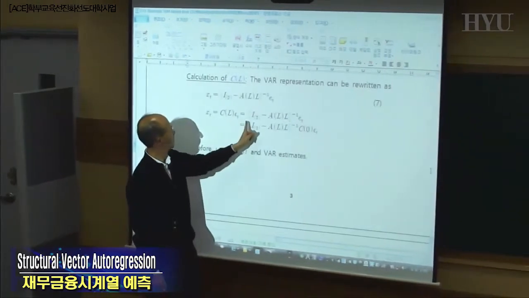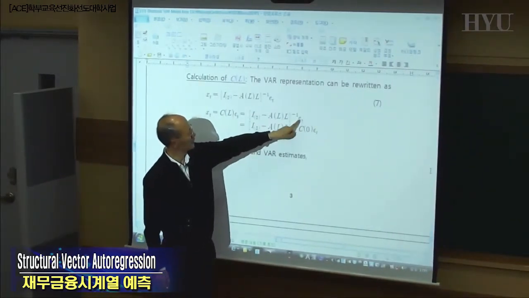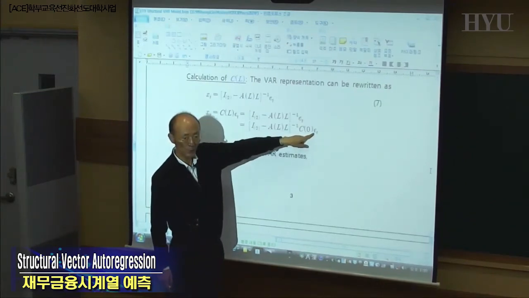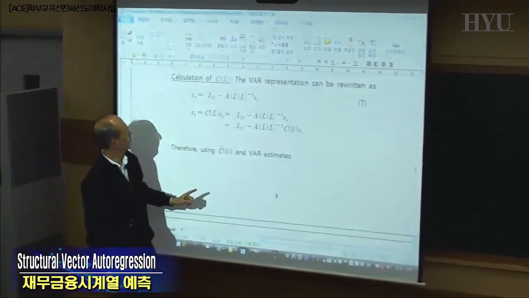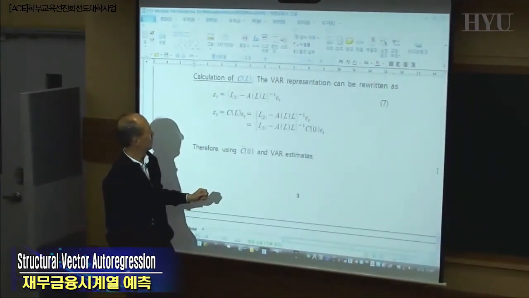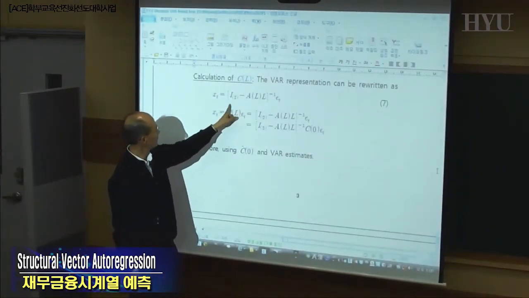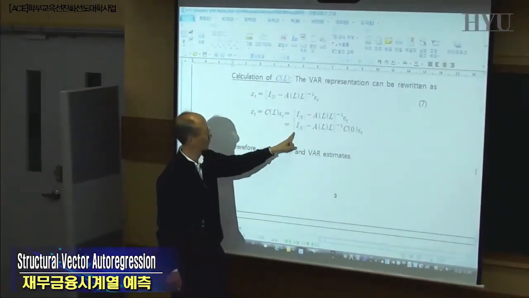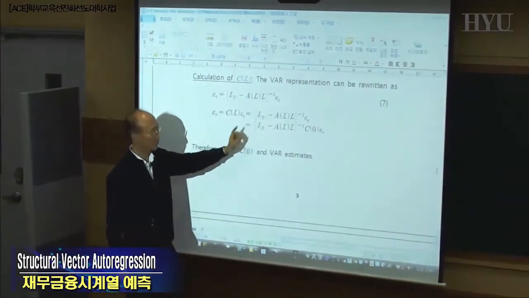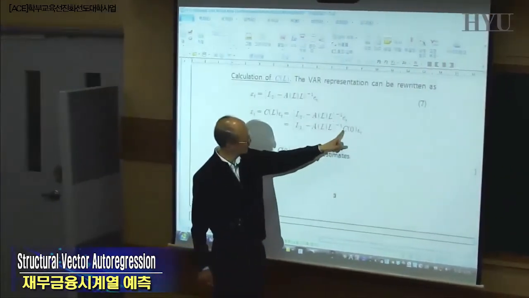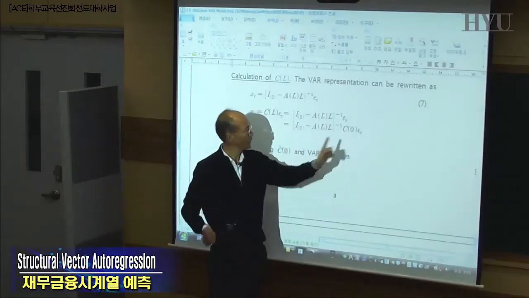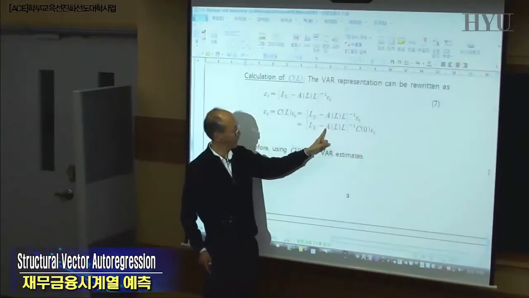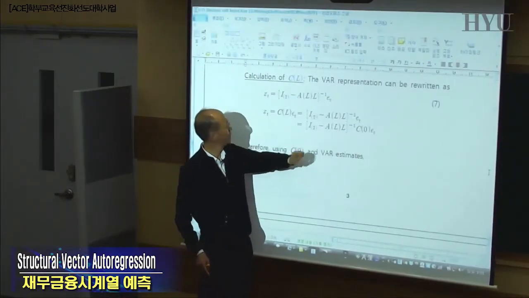Because we know that this has to be C0 times epsilon t. So what has to be this one? Of course, that, right? So if you can calculate C0 as a 2 by 2 matrix, and if you know all those A of L parameters, then you can calculate this one.